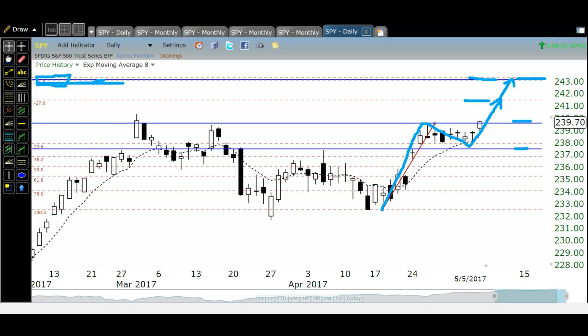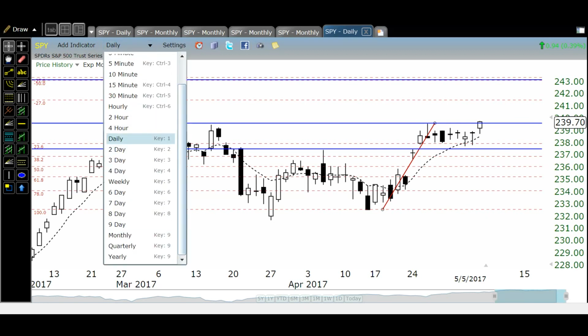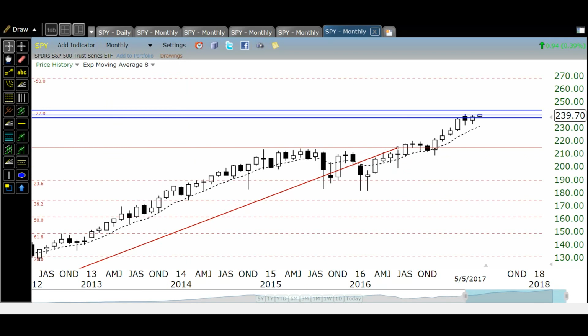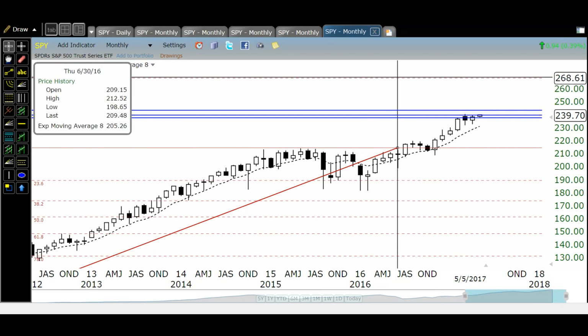And if I was buying into this ETF on a longer time frame, then I obviously wouldn't come out here. I would just hold it and see if it gets to the next level, that is the 50% level in the monthly chart, which I would just show you where it is, all the way up here, 268.